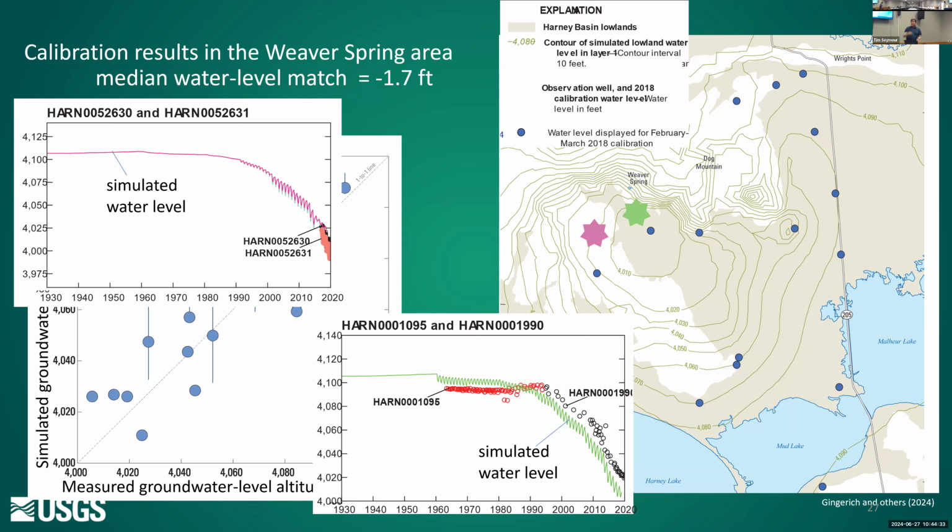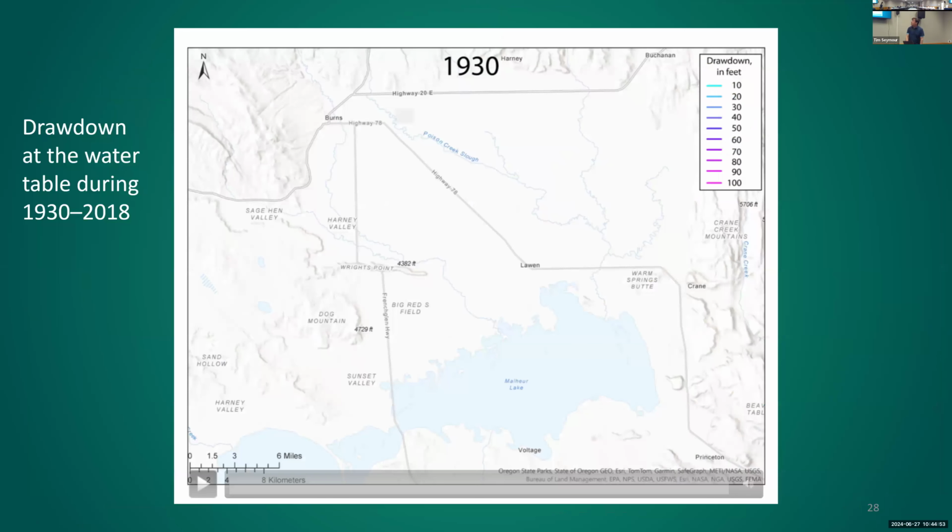So we go in and change it, and then we get a much better fit. There's a lot of going back and forth with the well logs and geology, figuring out what's causing the water levels to act the way they do. As I said, that's years and years of work, pulling your hair out to get that to match.